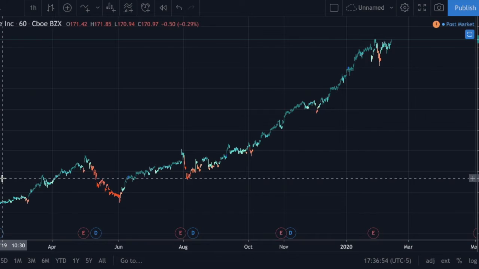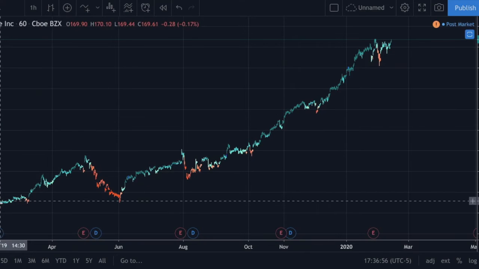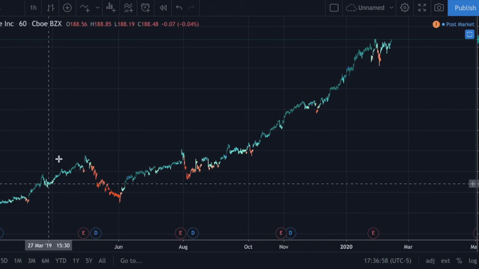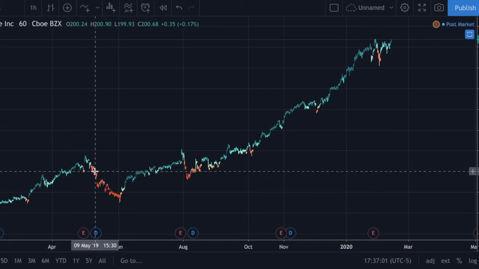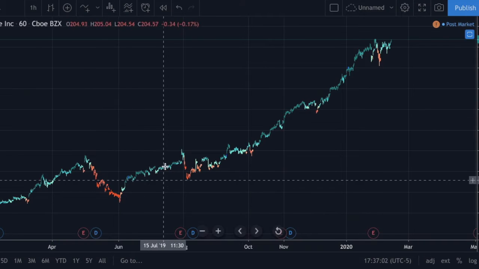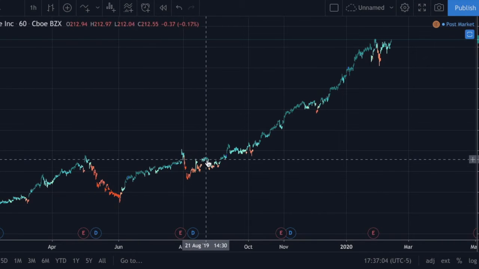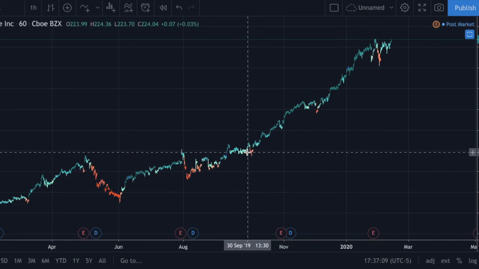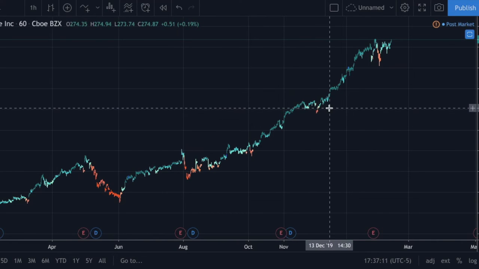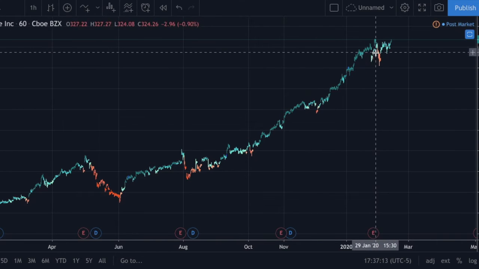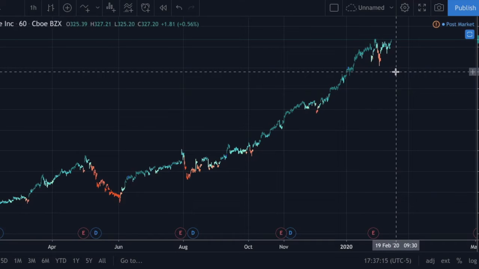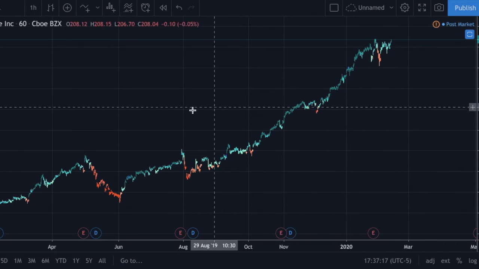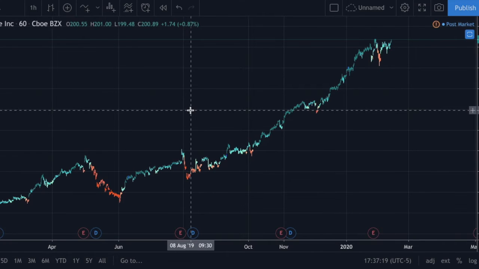This is about a year, and throughout this year there have been 25 trades. 25 trades in the past year.